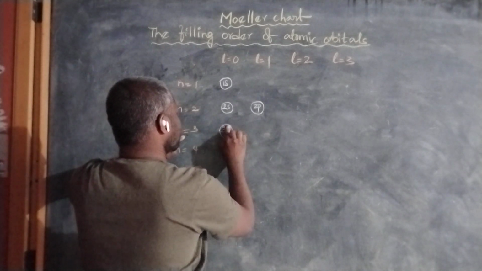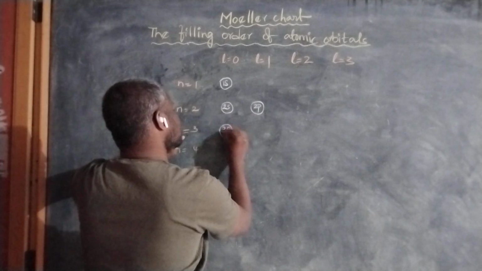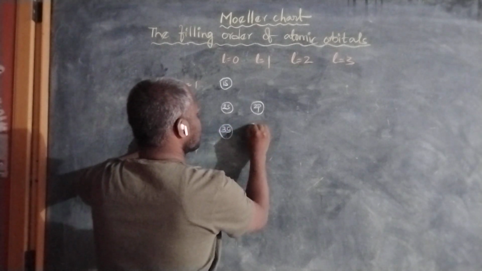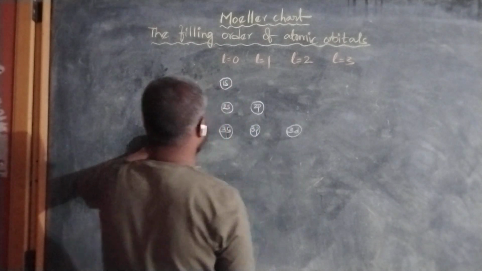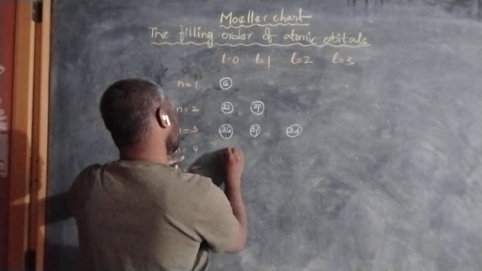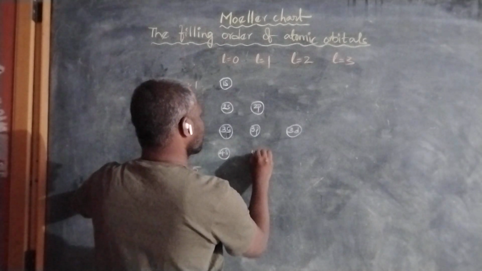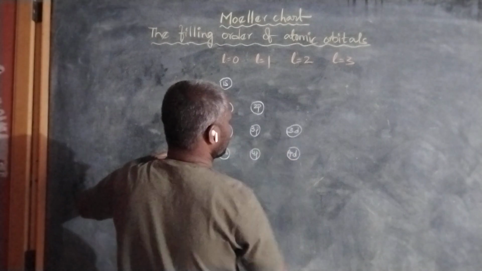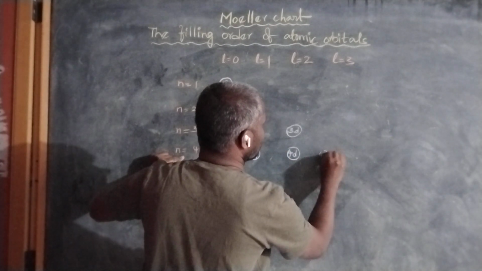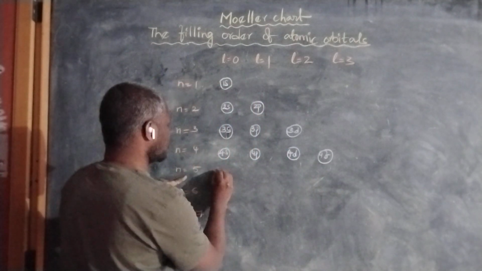In the third shell we have 3 subshells: 3s, 3p, and 3d. For n equal to 4: 4s, 4p, 4d, and 4f.